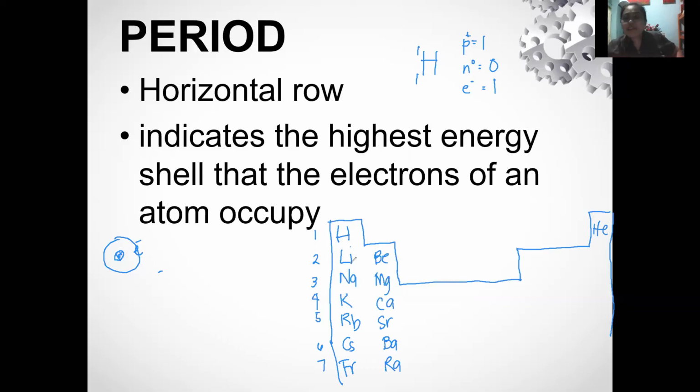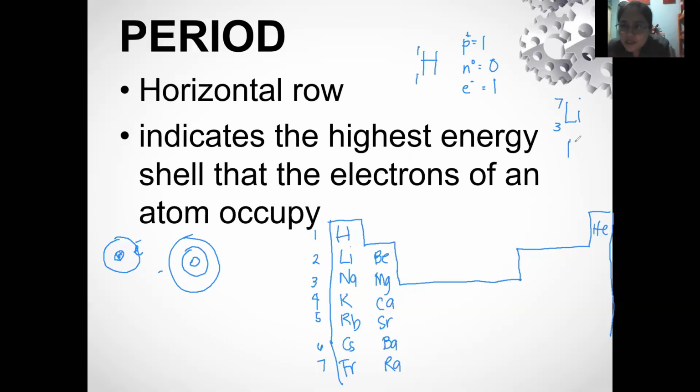And then, di ba si lithium? Si lithium nasa period 2. This means na aside from the nucleus, meron siyang dalawang energy shell or orbital. Yan yung nire-represent ng period natin. So, si lithium naman ngayon ay yung atomic number niya ay 3 and then yung mass number niya ay 7.